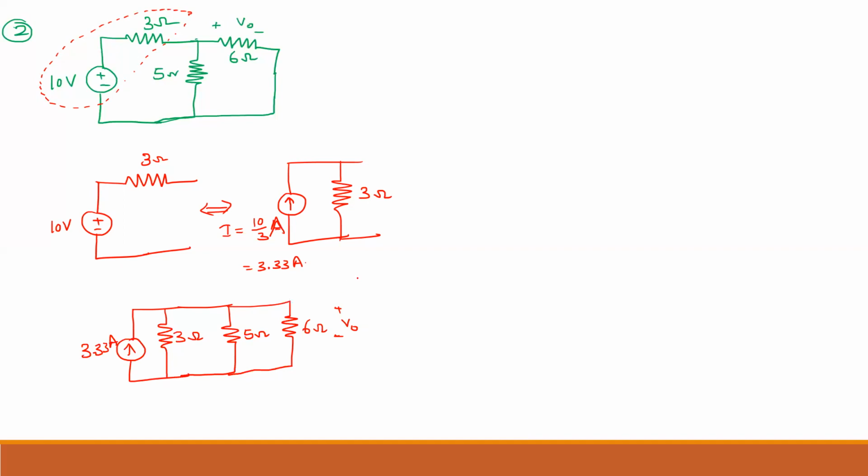Now, I should not disturb the 6 ohm. Now 3 and 5 are connected in parallel. So now you can write that 3 ohm is parallel with 5 ohm.